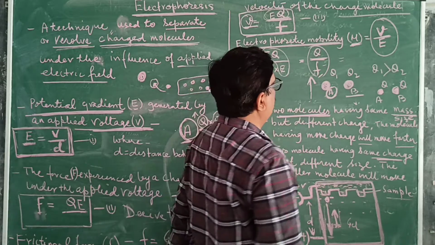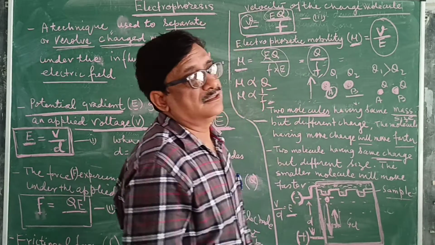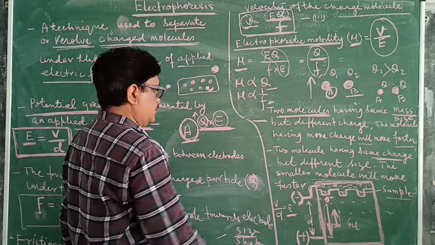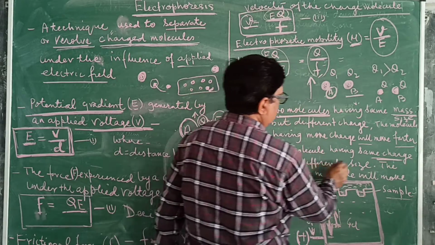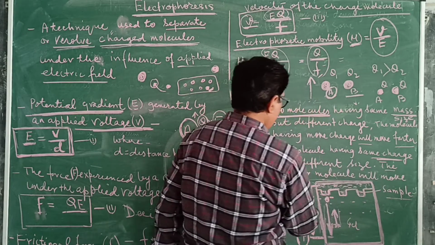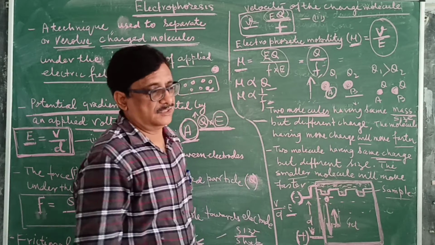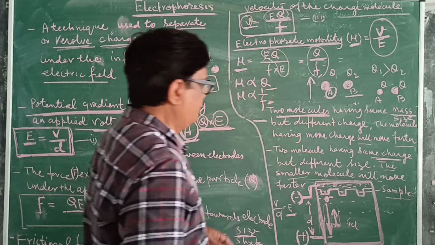That means a smaller molecule will move faster than the larger molecule in the slab. So that is explained over here. Two molecules having the same charge but different size, the smaller molecule will move faster in the electrophoretic slab. So this is the basic idea.